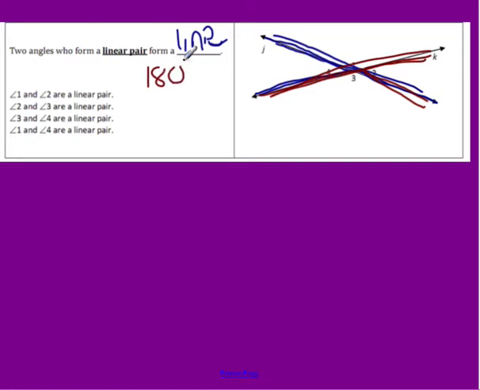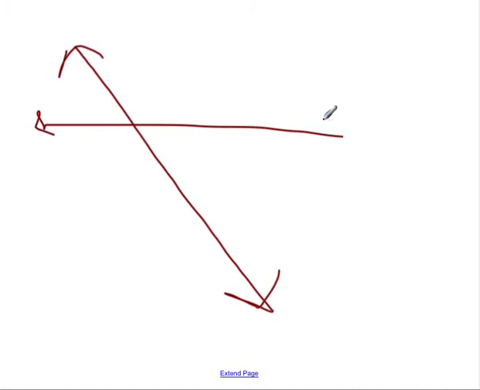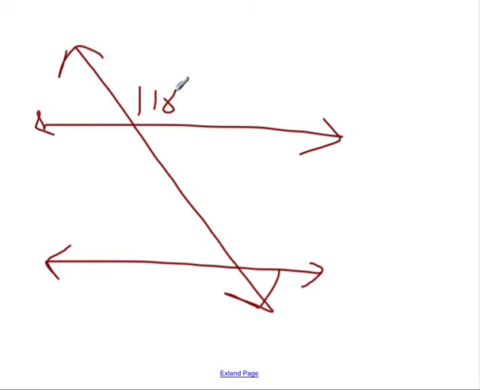So let's take a look at this next part. This is where we're really getting into the meat of geometry. You have this diagram on your note sheet, and I'm just going to do a rough sketch here because I forgot to put the diagram on here. We're just going to use what we know. It gave us that this is 118 degrees, and it also gave us that this is 62 degrees. Now we're going to take what we know about linear pairs and vertical angles.